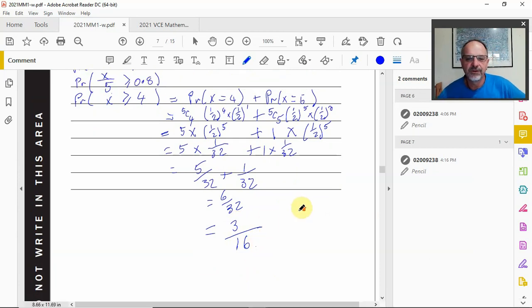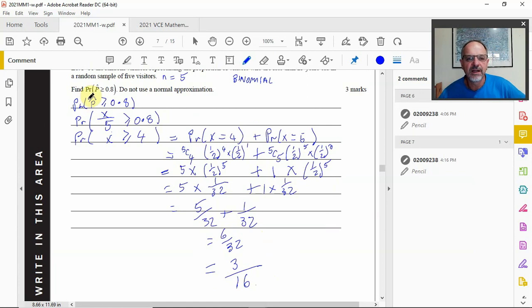So there are a few things to watch there: what a proportion is in relation to numbers, and also ways that you can work out these 5C4, 5C5, or any others.